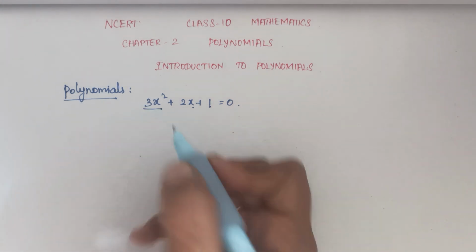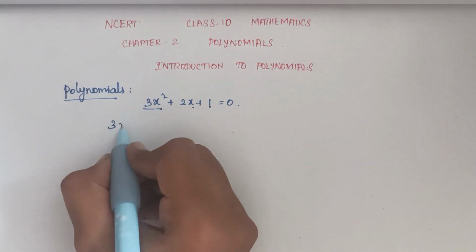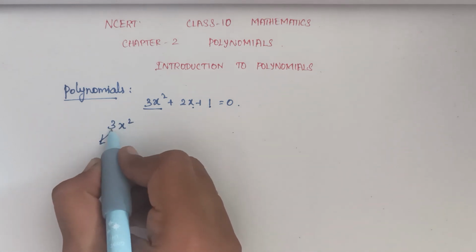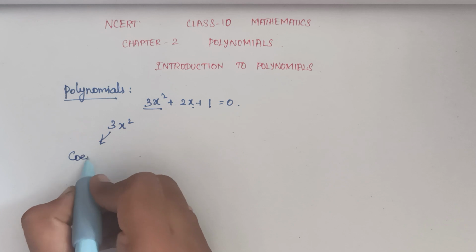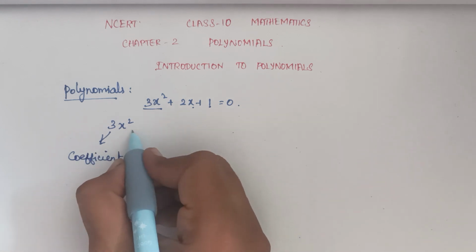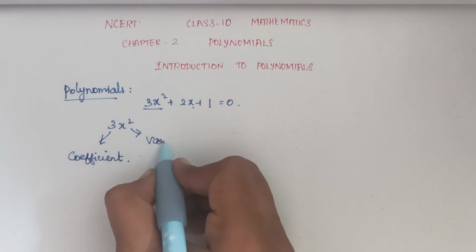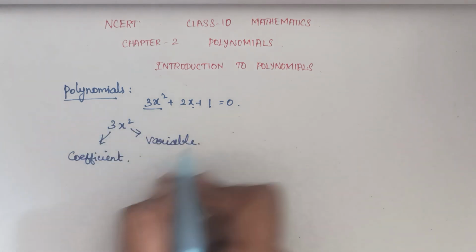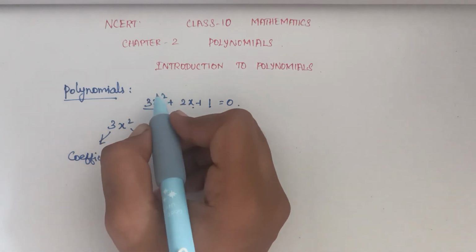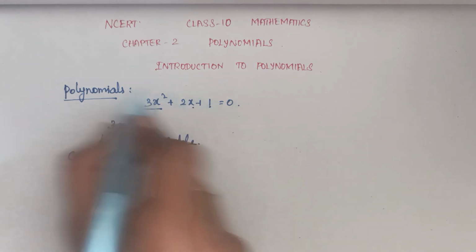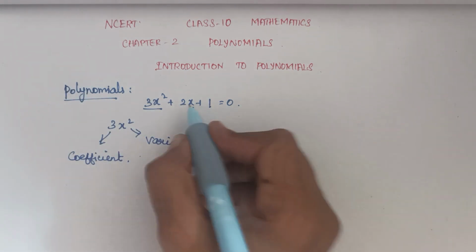For example, we'll take the first term, 3x square. This number is called the coefficient, and x square is called the variable. Both coefficient and variable together are called a term, and many terms make up a polynomial.